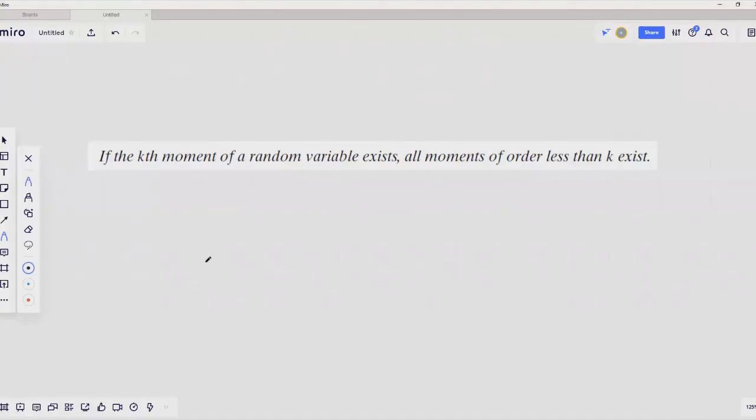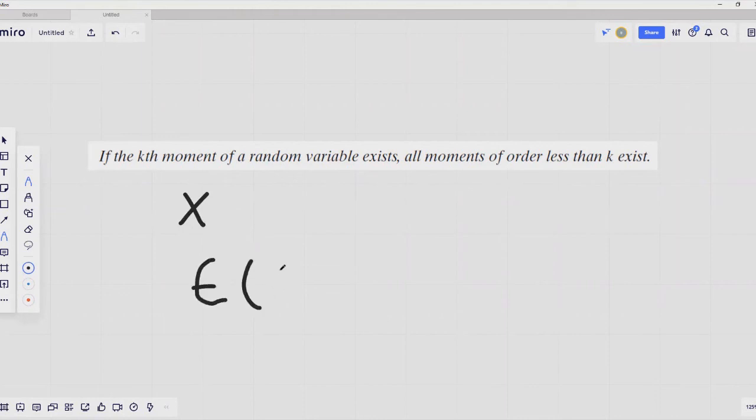Now let's take a look at the following theorem about the existence of higher moments. If the k-th moment of a random variable exists, then all moments of order less than k exist. By definition, the k-th moment of a random variable exists. Let's assume that we are working with random variable x.